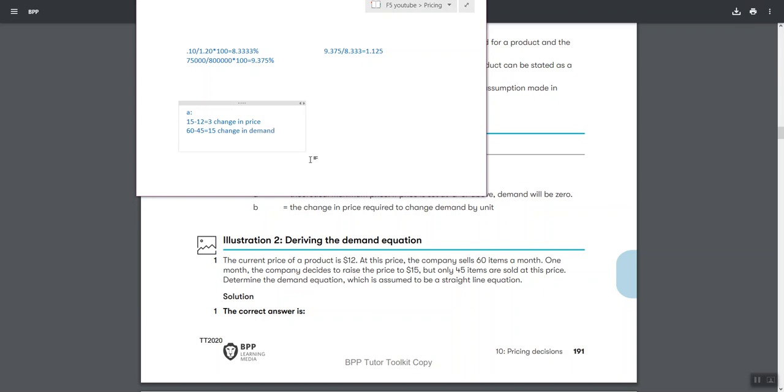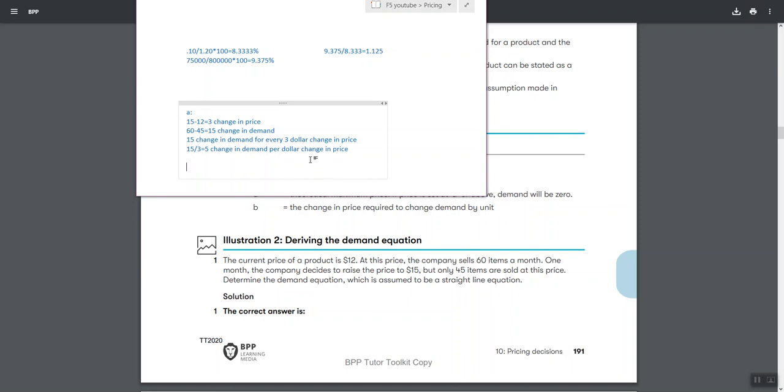So 15 change in demand for every $3 change in price. Or we could do it like this: 15 divided by 3 becomes 5 change in demand per dollar change in price.